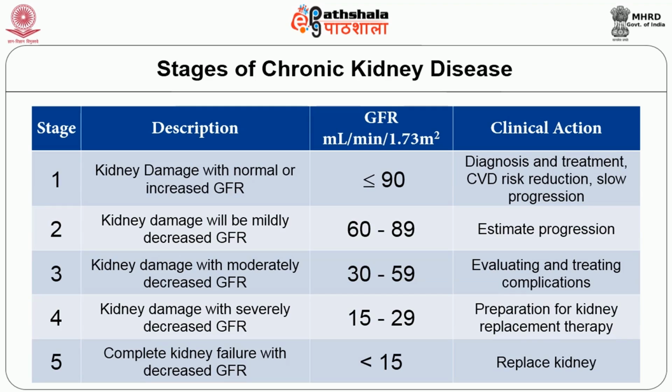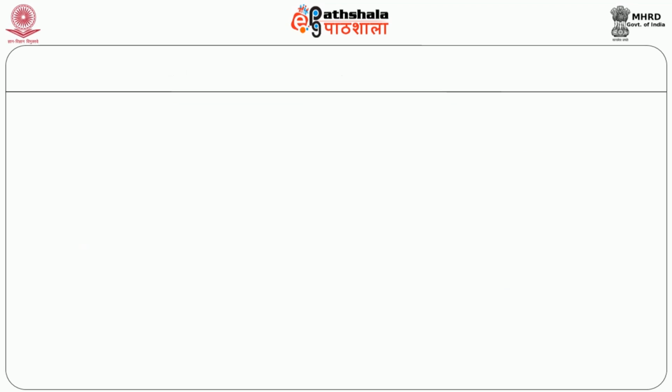And in stage 5, there is complete kidney failure with a glomerular filtration rate of less than 15 ml per minute, and the clinical action plan is to replace the kidney if uremia is present and the patient desires treatment as well.